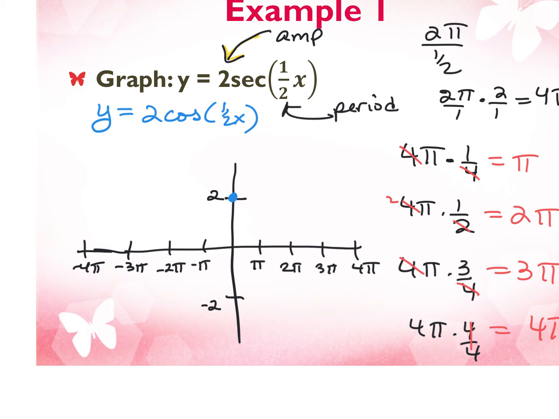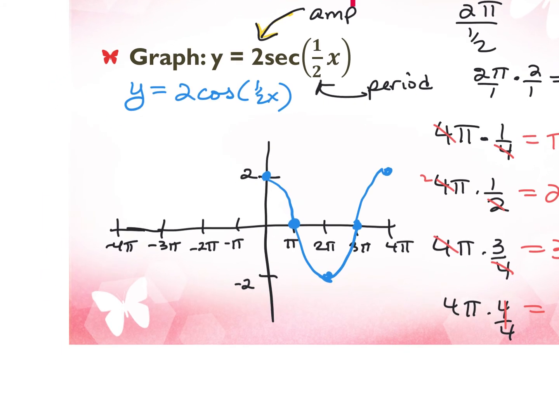From the amplitude, it always goes to the x-axis. Then from there, it'll go down again, then back up to the axis, and then now back up at 4 pi. Complete the cycle to the left, down, down again, back up, and then back up again.